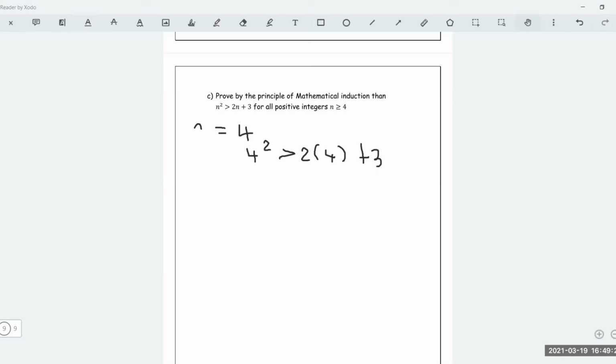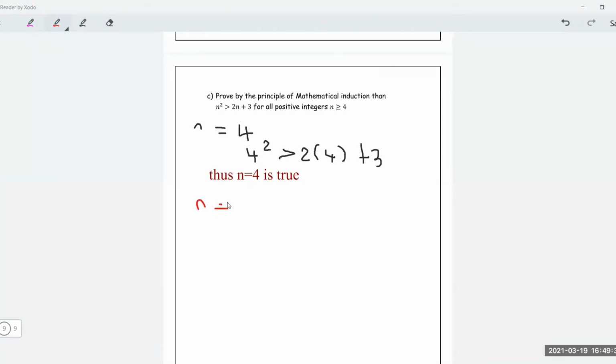So therefore, thus n equal 4 is true. Now for n equal k, we get k squared is greater than 2k plus 3.